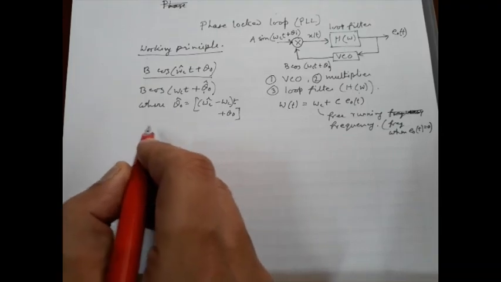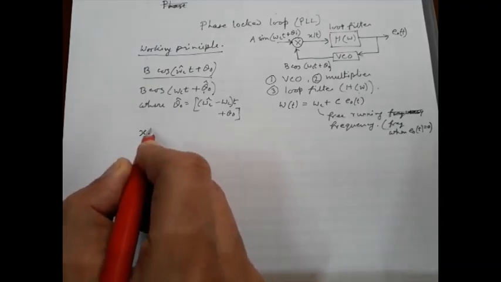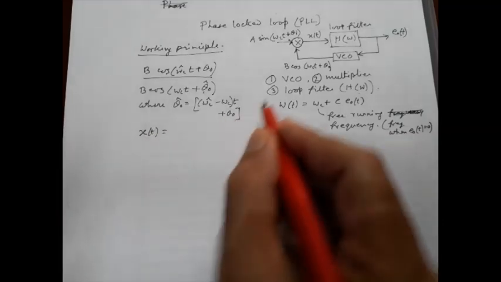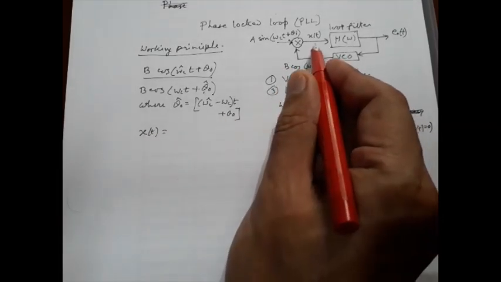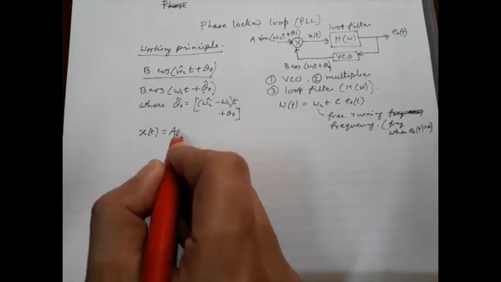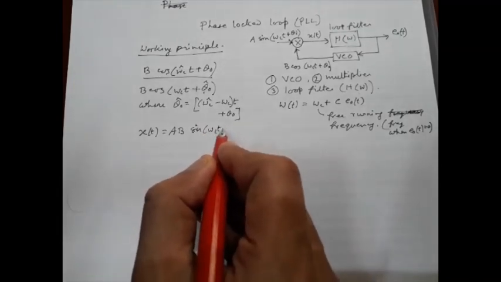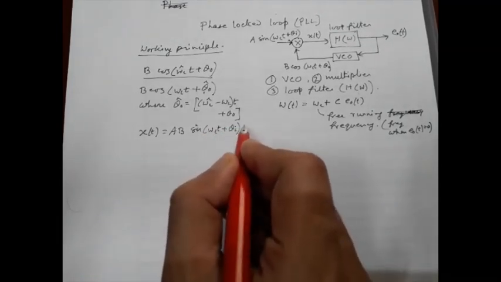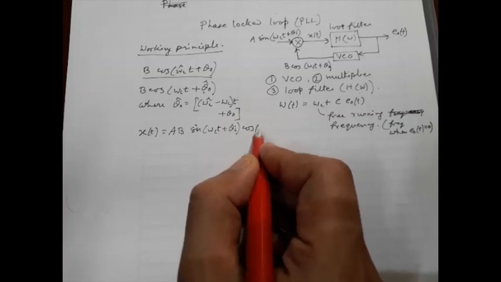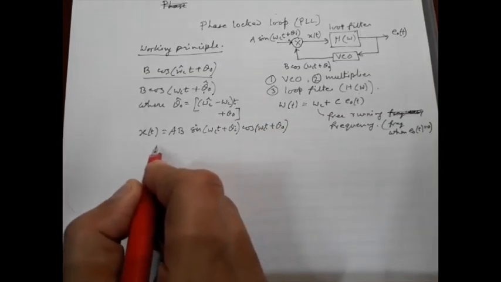Now let us see what happens at the output of the multiplier. x(t) is the output of the multiplier, that can be written as A into B sin(omega c t plus theta I) cos(omega c t plus theta 0).